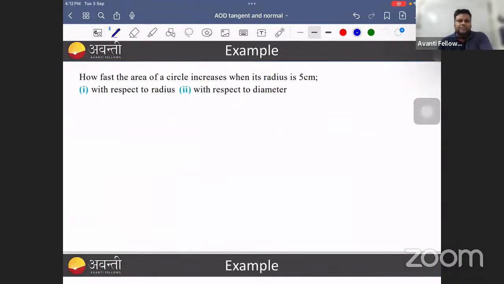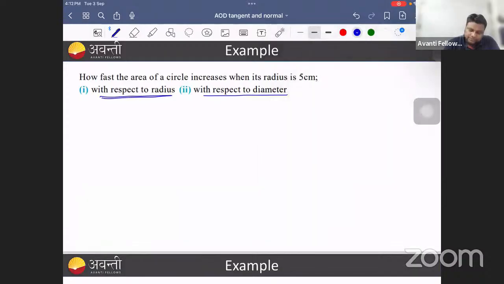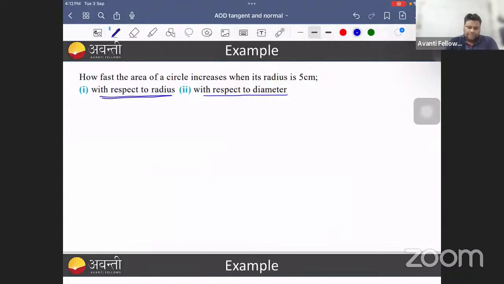Now the example is: how fast does the area of a circle increase when its radius is 5? Got it? Now they're asking with respect to diameter, and with respect to radius. See, area is pi r square.